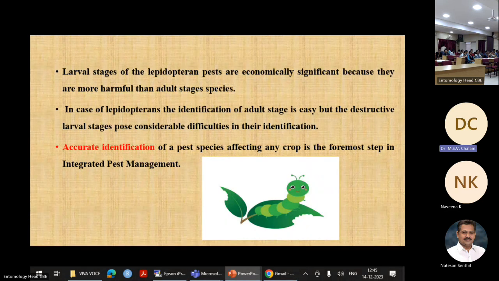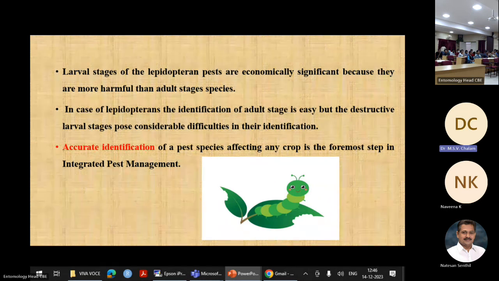It is very easy to identify the Lepidopteran adults, maybe moths or butterflies. We do have subtle identification features, specific marks, with which we can identify the adults.